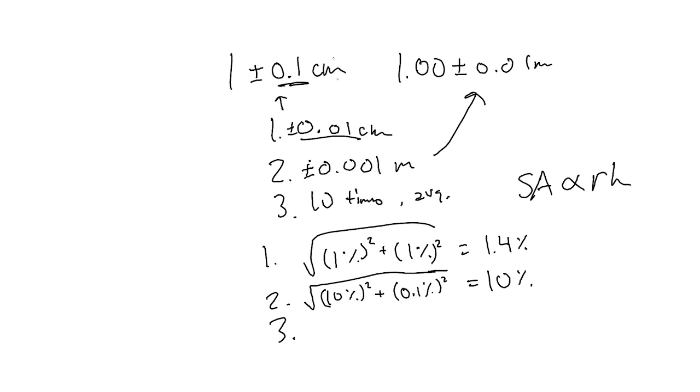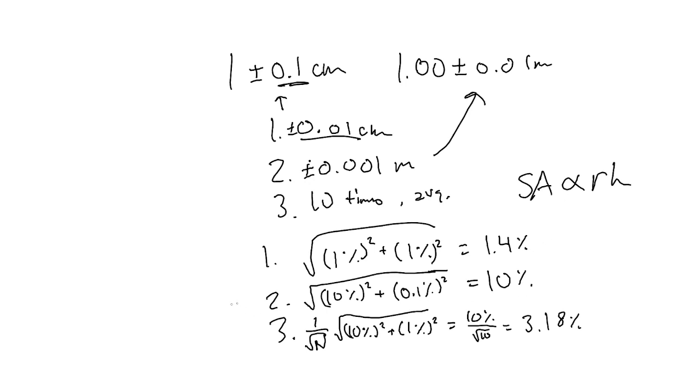This is going to be our original uncertainty times, remember, 1 over square root of n, where n is the amount of attempts that we make, right? So 1 over n times the square root of, what is this, 10% squared plus 1% squared. So this is going to give us around 10% divided by the square root of 10, which is going to be equal to around 3.18%, right?